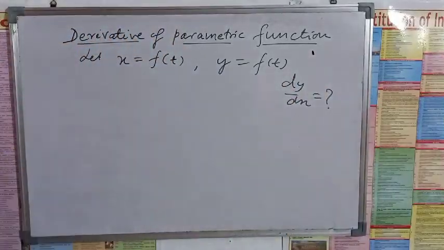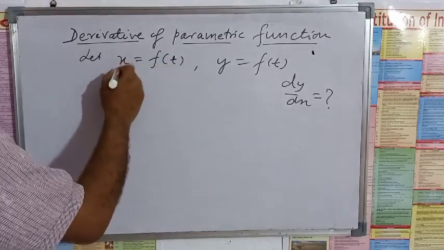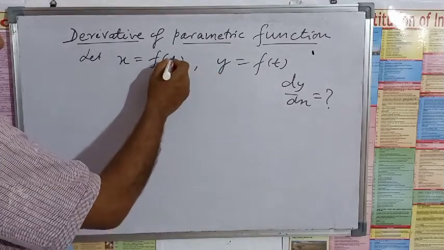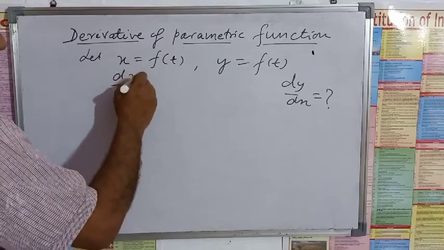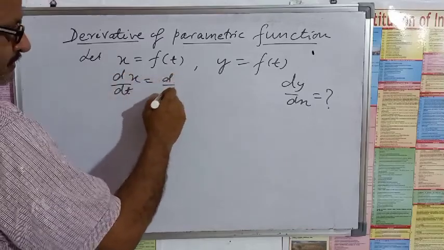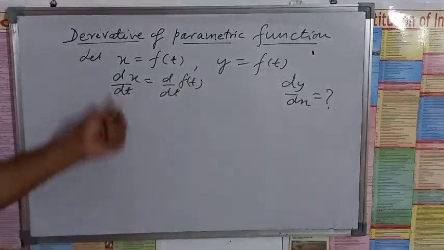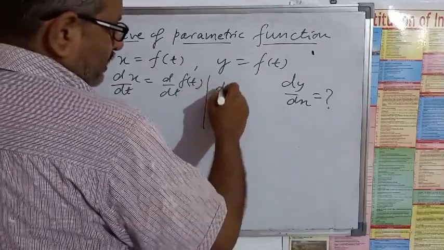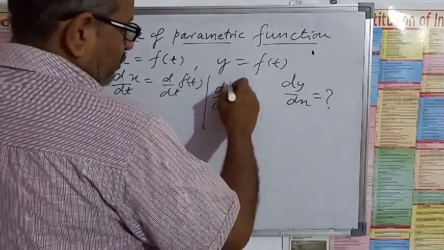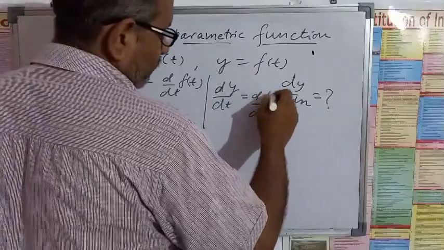So how can we find dy by dx? Firstly, we will differentiate x and y with respect to the parameter t. So d by dt of x, and similarly d by dt of y.